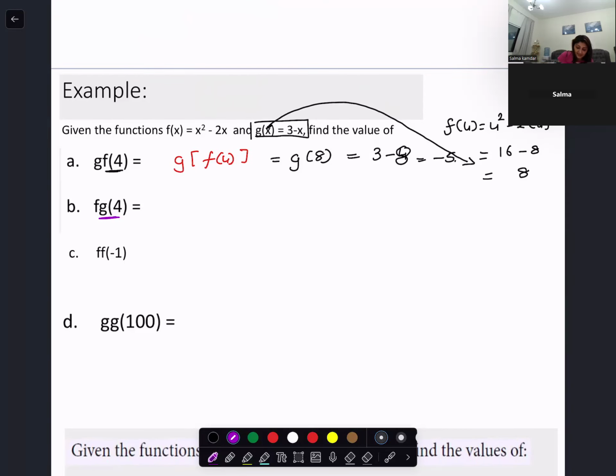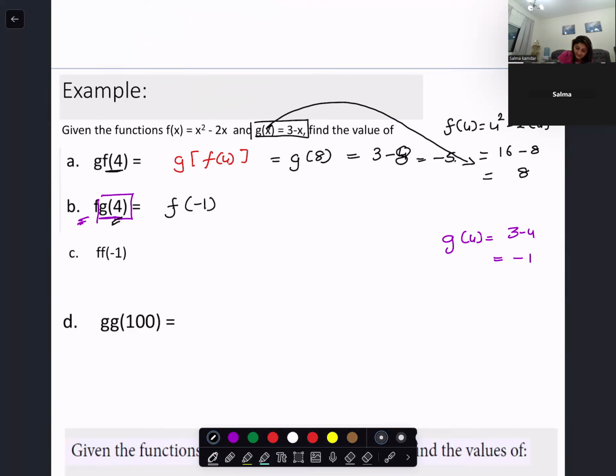Instead of x, I want the value of the function g when x is equal to 4. So what I will do, I will find g of 4. g of 4 would be 3 minus 4, that is minus 1. So f of g of 4. What is the value of g of 4?